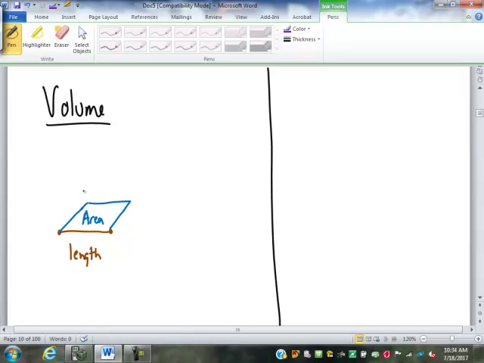We're just looking at it from a different view. If I take that area and move it in a third direction, perpendicular to the first 2, I have now created a volume. The size of that volume is equal to the area times a distance or a height.